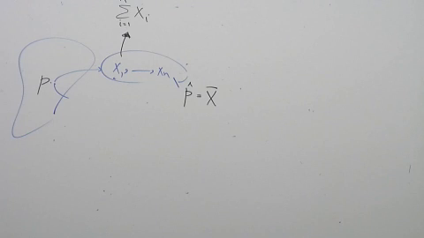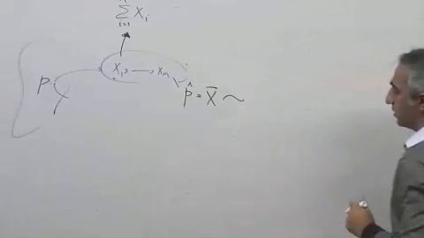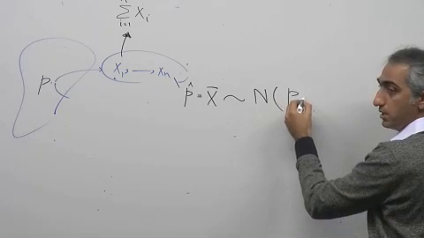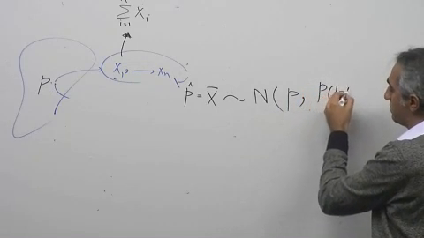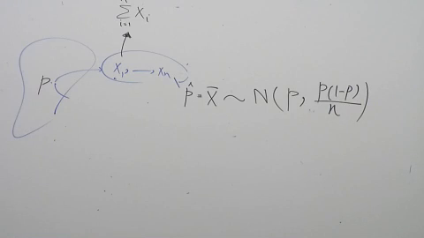So the distribution of x bar is not really known, but we can approximate it with a normal when we have large n's. Okay? So x bar approximately follows a normal distribution with the mean, which is p, and the variance, which is p(1 minus p) divided by n. Okay? Is it clear?